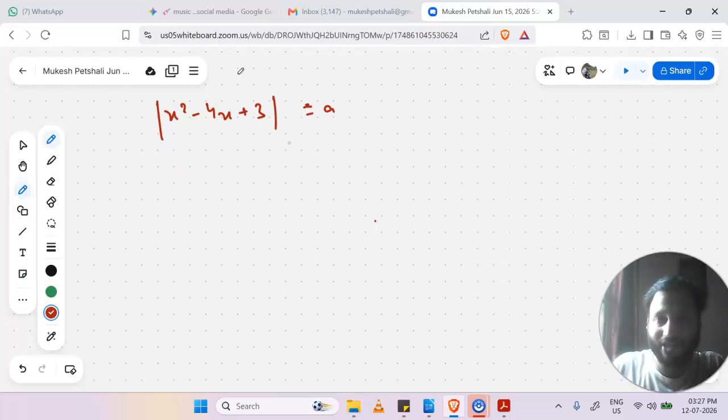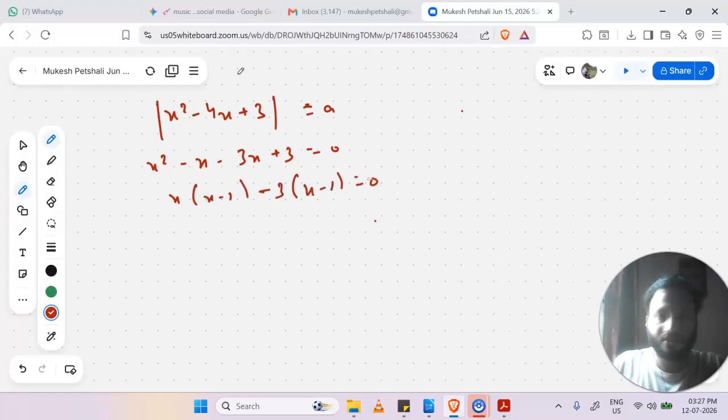How will I do that? I'll factorize this. If I factorize x square minus 4x plus 3, this is what I am going to get, which gives us x minus 1 and x minus 3 equals 0.